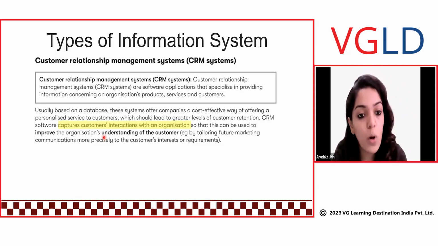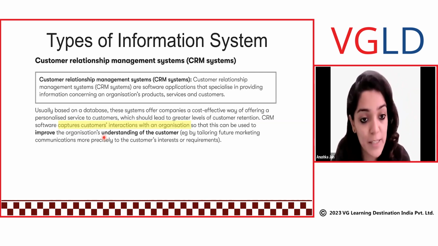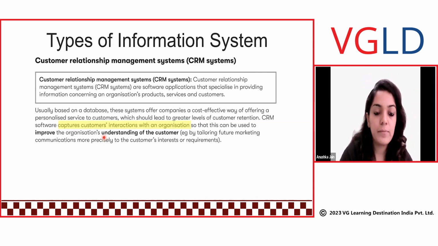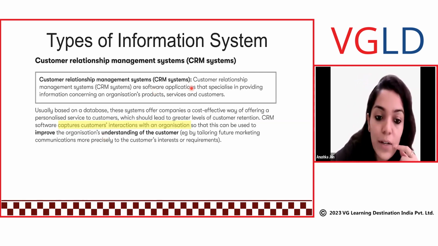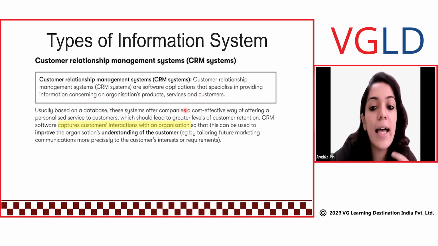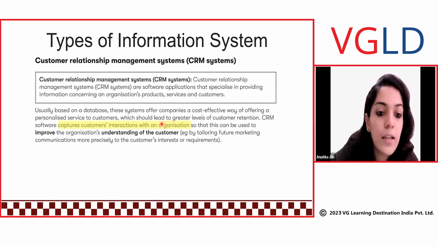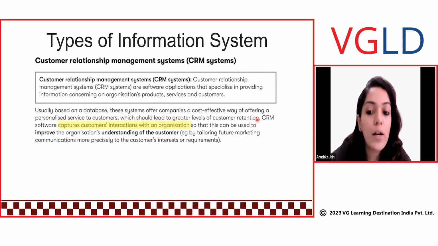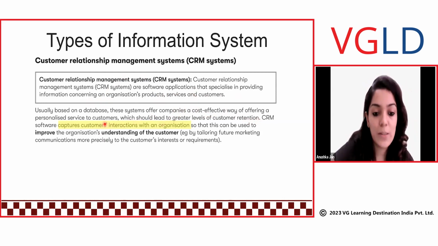So having a strong and established CRM system is necessary for the success of the organization. All right. CRM systems are software applications that specialize in providing information concerning an organization's products, services, and customers. Usually based on a database, these systems offer companies a cost-effective way of offering a personalized service to customers.